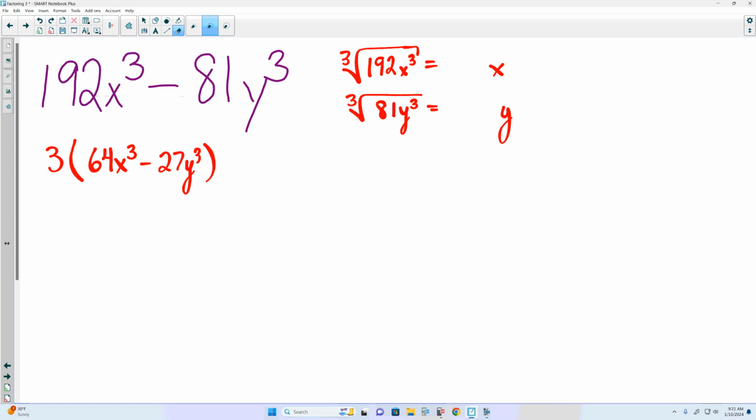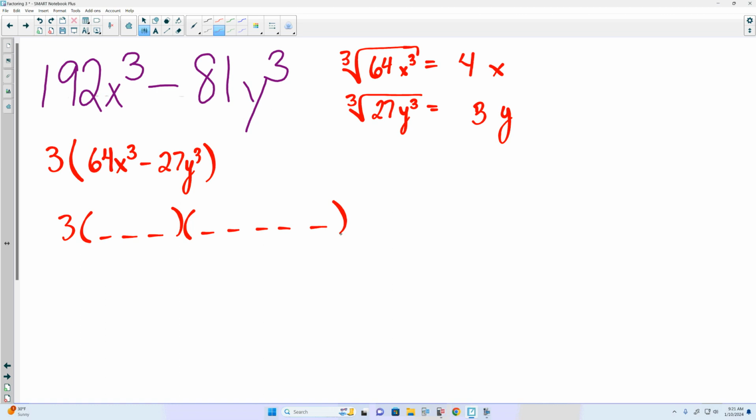Okay. Well, we know the cubed root of 64 is 4, and the cubed root of 27 is 3, partially because we've done those already. We did those earlier today.